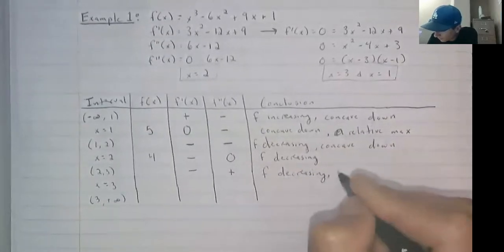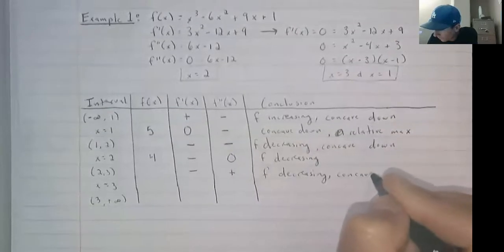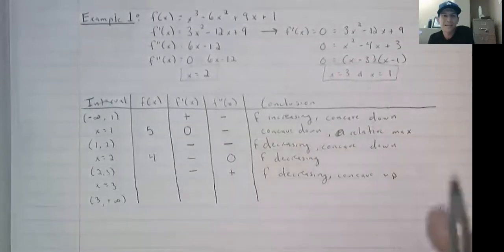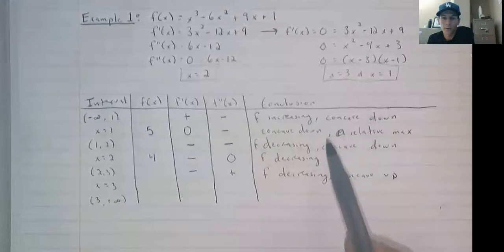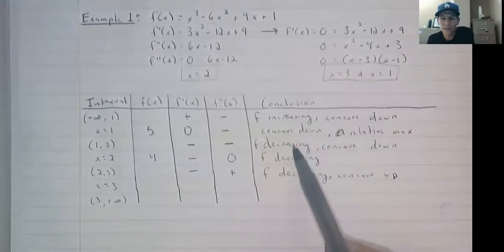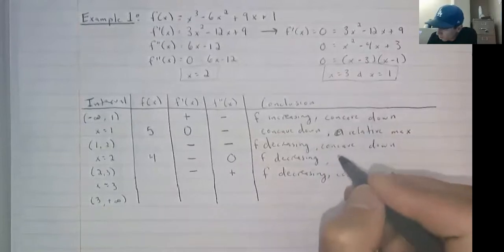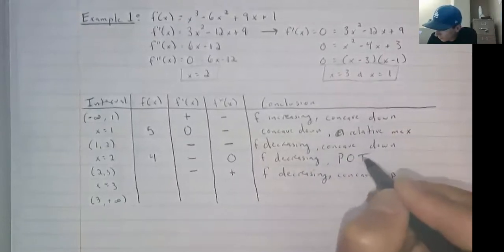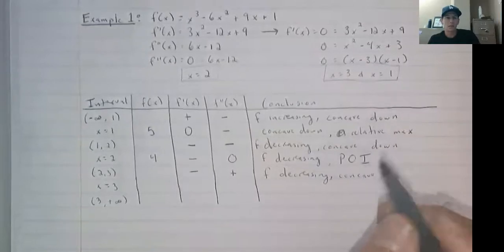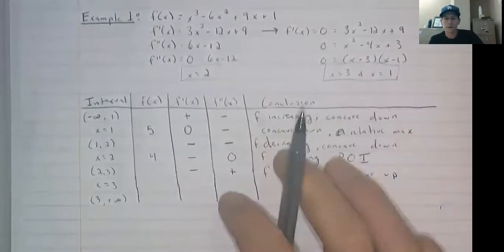But now we are concave up. Oh, so this is kind of the second derivative version of going from increasing to decreasing. Going from concave down to concave up indicates point of inflection, or POI. We got a POI. We found it.